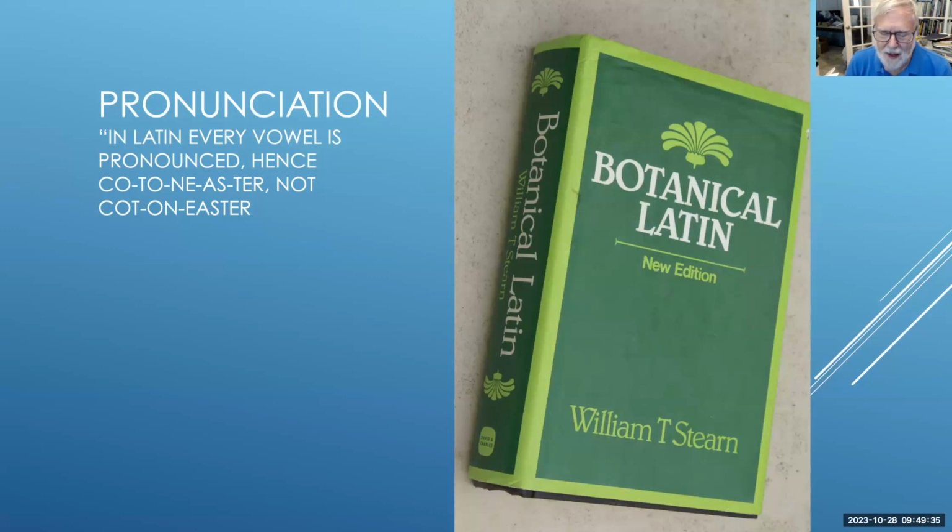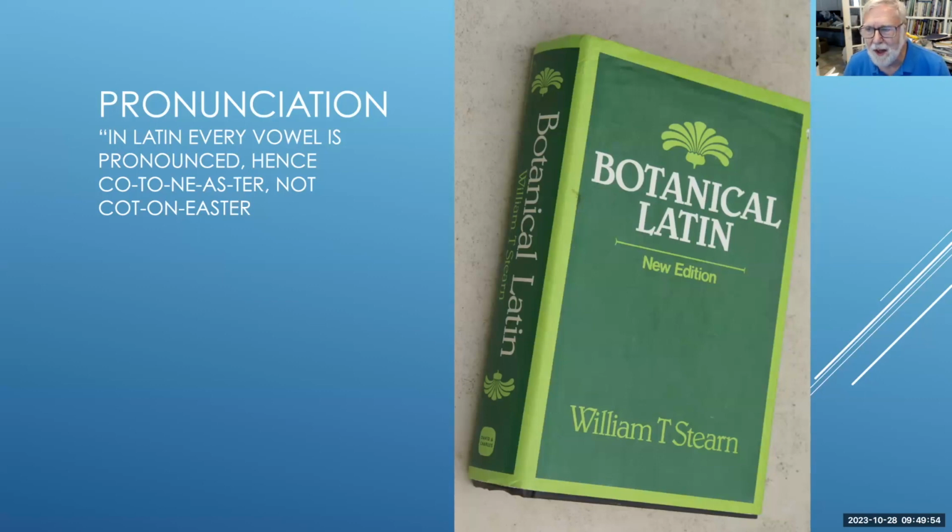So like Nemastylus and Nemastylus. Nemastylus would be correct, but Nema and stylus are the two functional Latin words that were brought together to make the name. So anyway, don't be afraid of pronunciation.